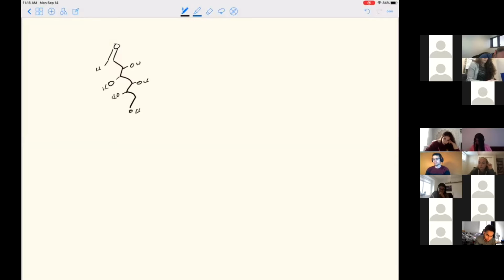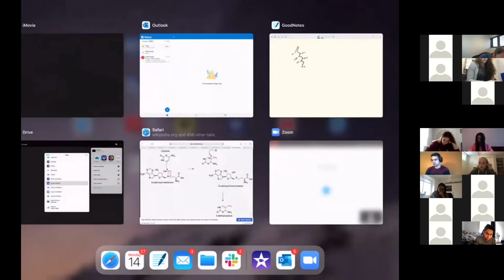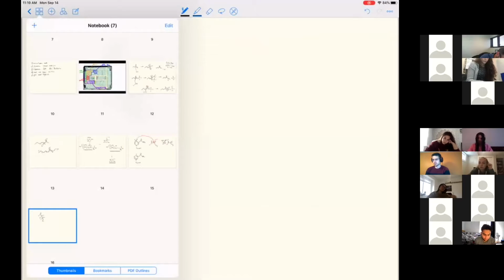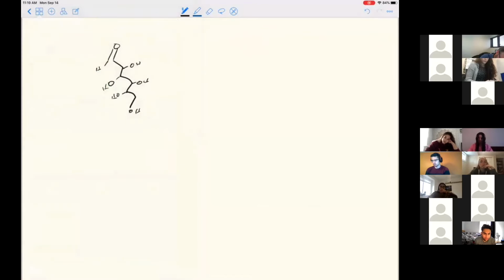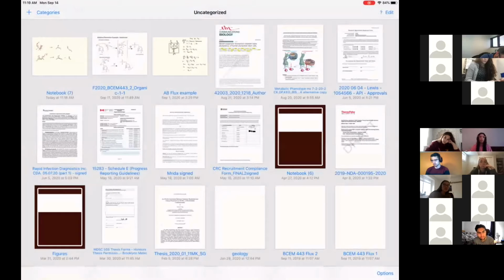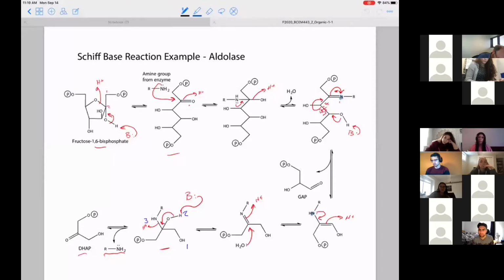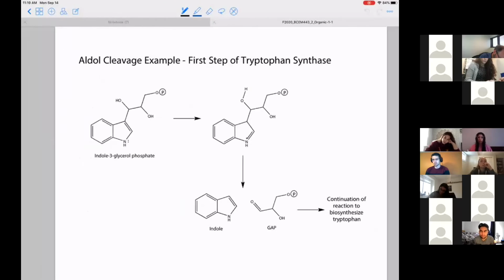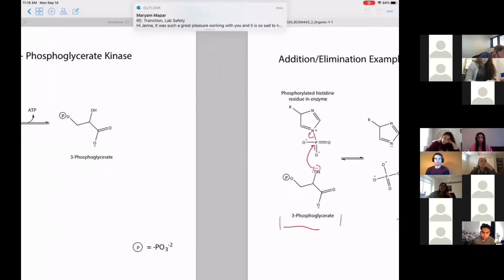Actually, let's use the structures from our examples from last week, the nicely drawn ones that Carly had.